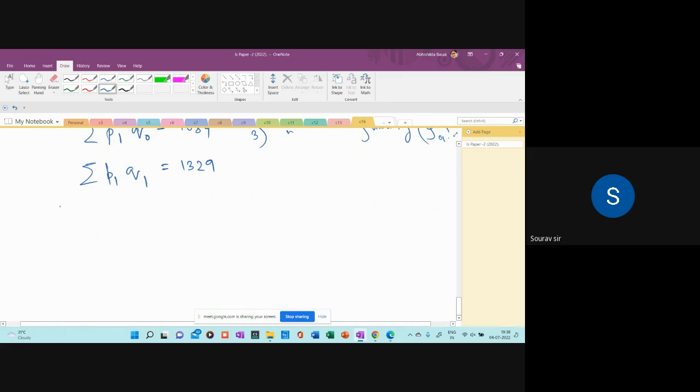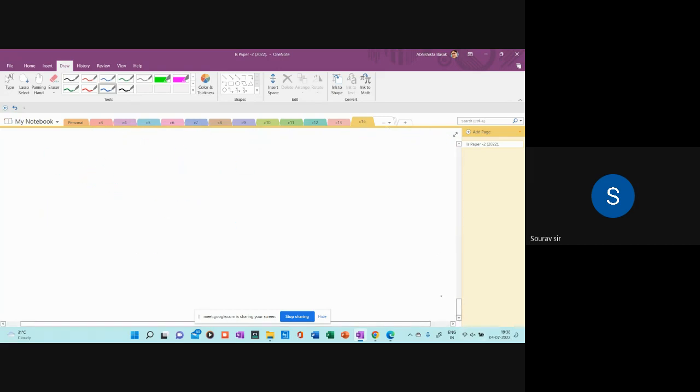So we have to find the Laspeyres index as well. The Laspeyres index of 0, 1, that formula is summation over P1I Q naught I by summation over P naught I Q naught I. Okay, so this is for L naught 1.